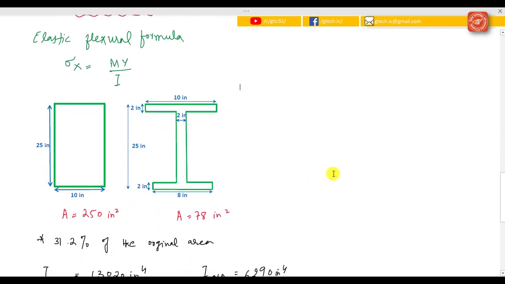Just to compare problem number 2 with problem number 1, you clearly see the area of the rectangular cross section is 250 inch squared and the area of this I-beam cross section is 78 inch squared. So 31.2% of the original area remains. This I-beam has a lower cross-sectional area, so a lot of cost and material would be saved by designing the beam as an I-beam rather than a rectangular cross section.